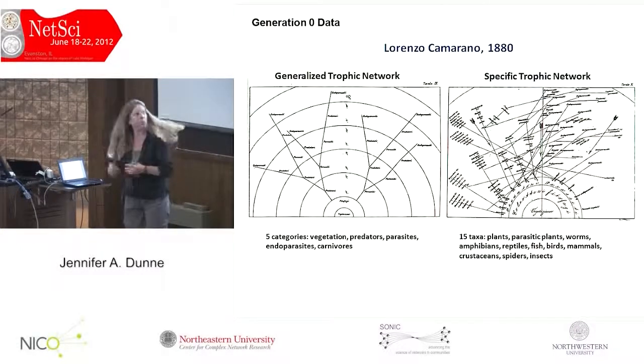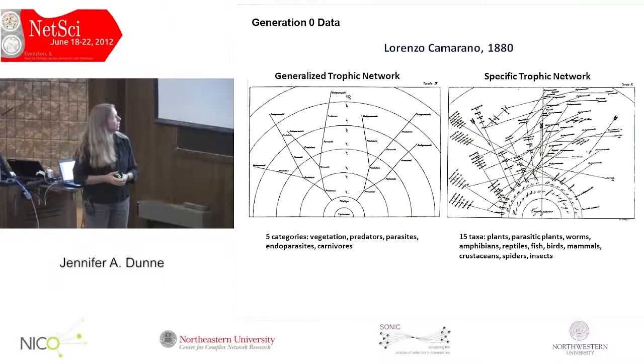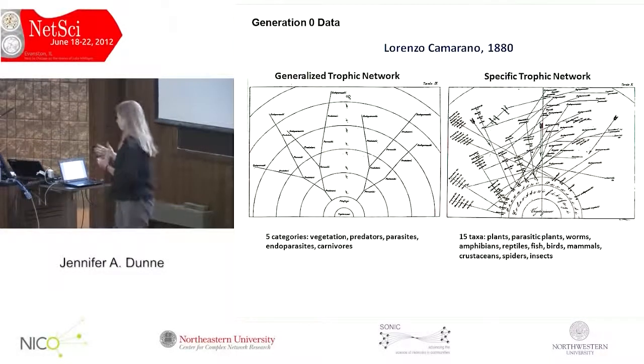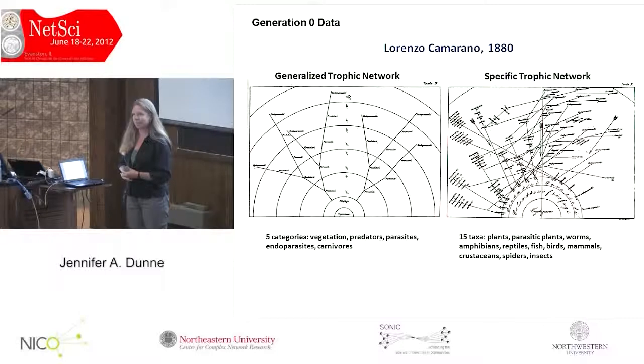But then he also did a specific trophic network over here on the right that included 15 different types of taxa. This was published more than 100 years ago and then was promptly lost to science until about 20 years ago, when Joel Cohen found it, had it translated, published it and commented on it. But just to show that the roots of ecological network research actually go back further than you may even think.